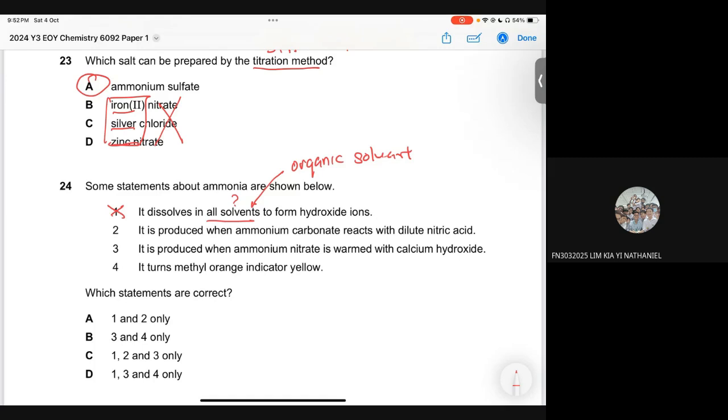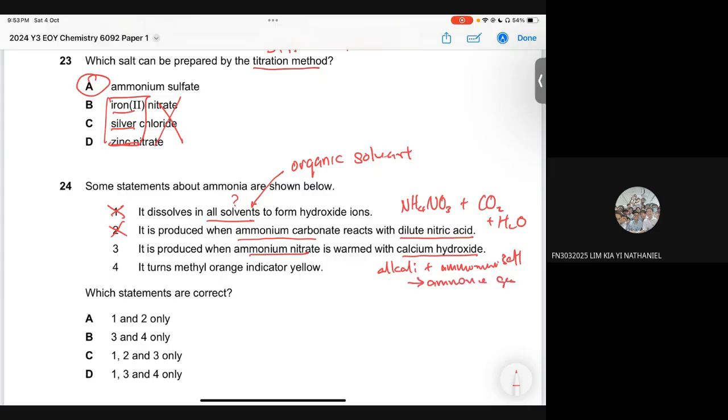Next, it is produced when ammonium carbonate reacts with dilute nitric acid. This gives ammonium nitrate, carbon dioxide gas, and water. So no, it doesn't give you ammonia gas. Next, ammonium nitrate warmed with calcium hydroxide. This one can, because I know that alkali plus ammonium salt can give me ammonia gas.